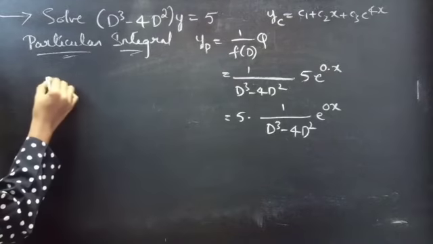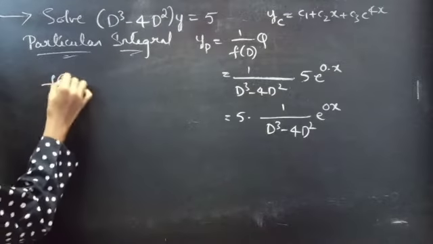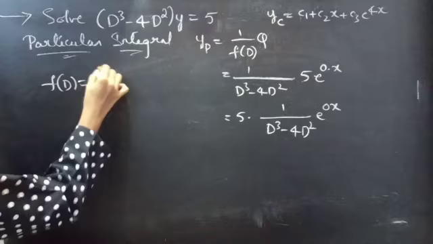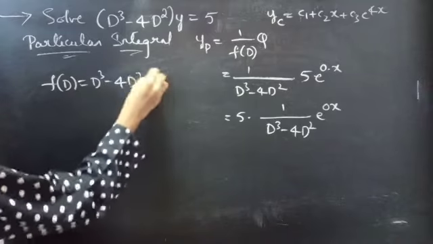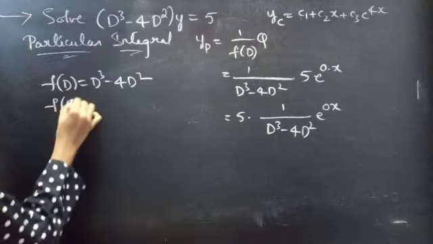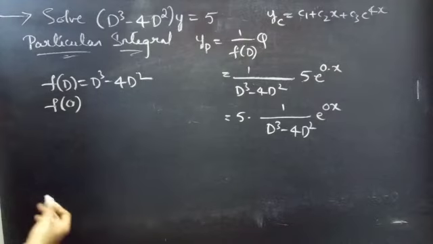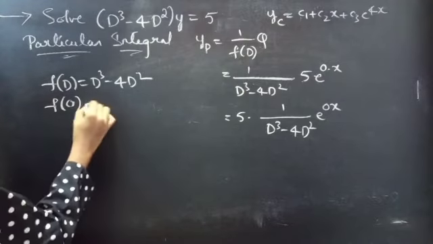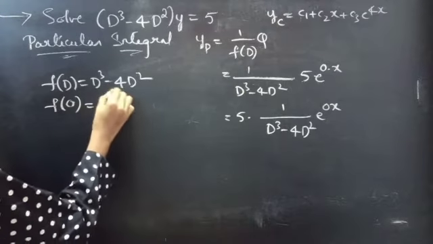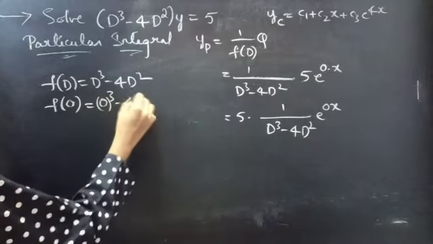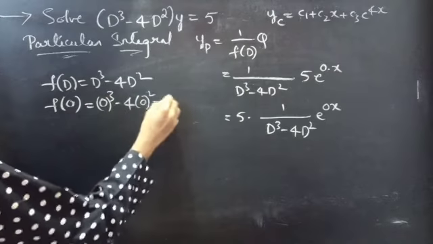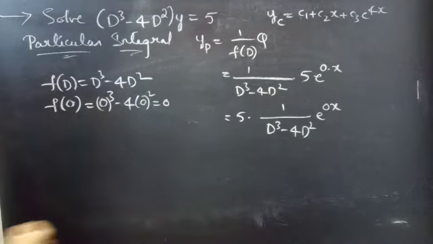Now, we have f of D equals D cube minus 4D square. Let's see what we get for D equals 0. For f of 0, you'll get 0 cube minus 4 into 0 square, which equals 0.